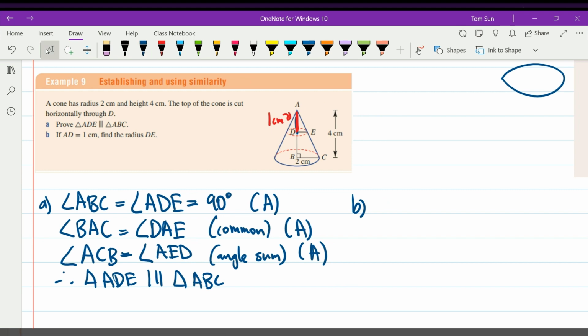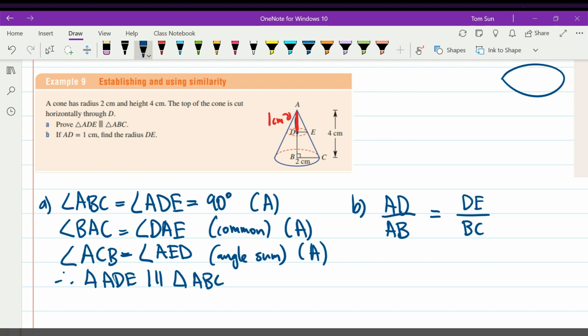So we'll go AD, which is the line on the small triangle, underneath is AB. The ratio AD to AB has to equal the ratio of another side that gives us both sides. Let's say BC gives us a side. BC is the bigger one, so that goes to the bottom, and DE up here.